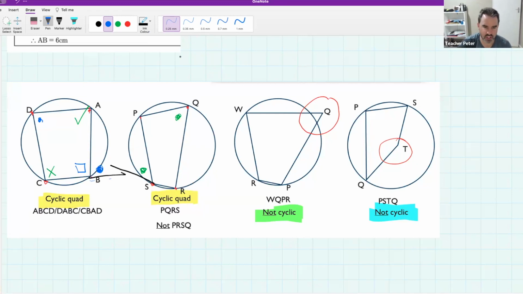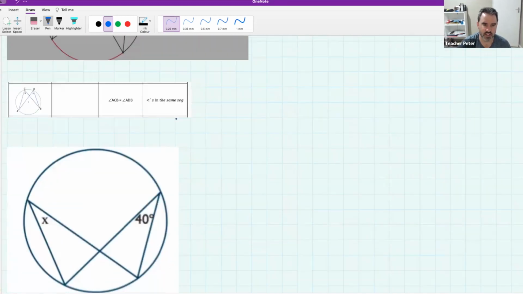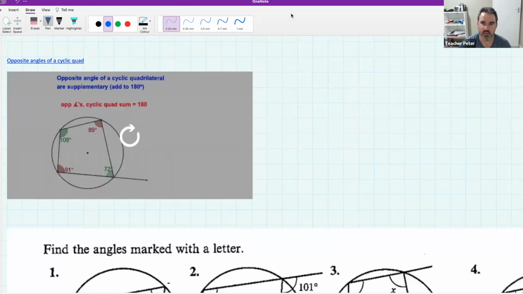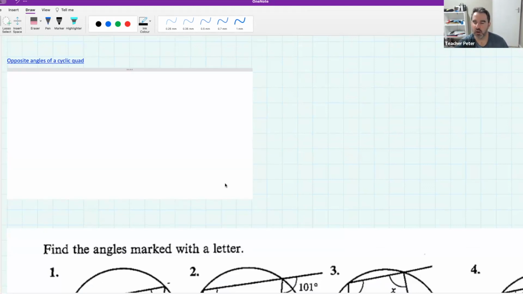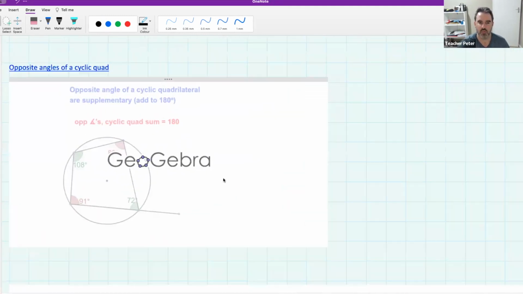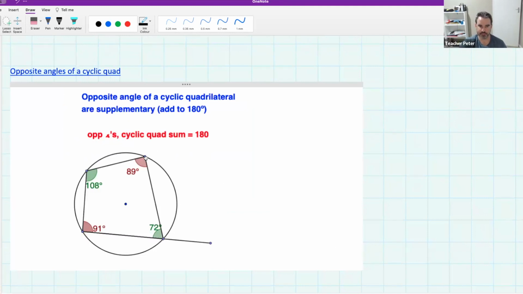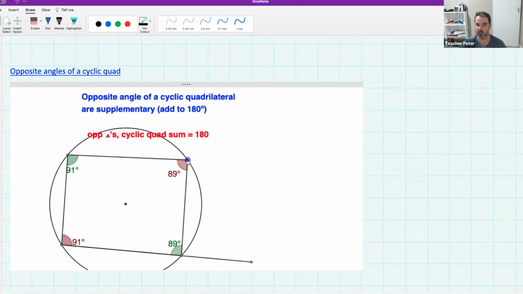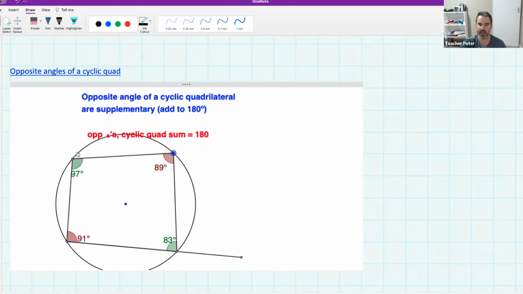Okay, let me show you a visualization of this so you can kind of see. I'm going to leave that one out. We'll do that in the next lesson. So if we go here, what you'll notice is that I can move this around, and you'll notice the red ones don't change, but the green ones do. But no matter what I do, they always add up to 180.